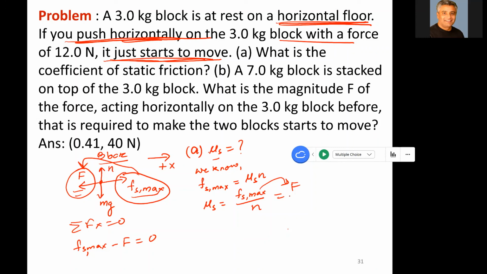Yes. And Professor, why wouldn't it be a negative F? Is it because it's just the same value? It doesn't have to do with direction? Yeah, so if I look at this equation, the value of Fs max is equal to F, not negative F, right?